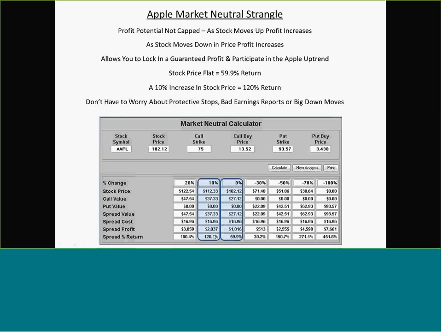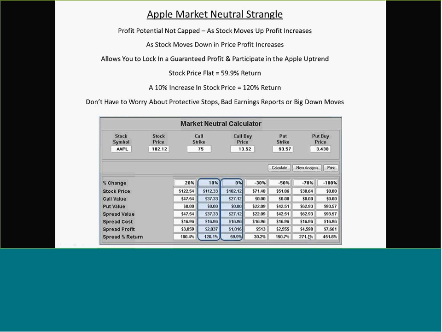So you can see no matter what happens to Apple stock, if it goes up, stays flat, goes down, I'm going to lock in a profit with this market neutral strangle. So no matter what happens, I'm going to profit.